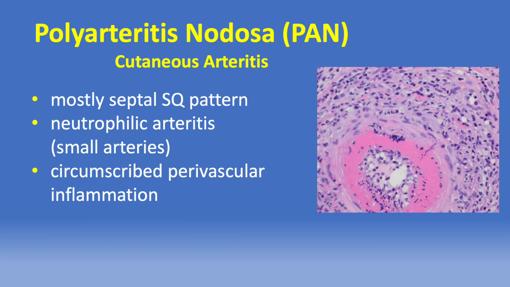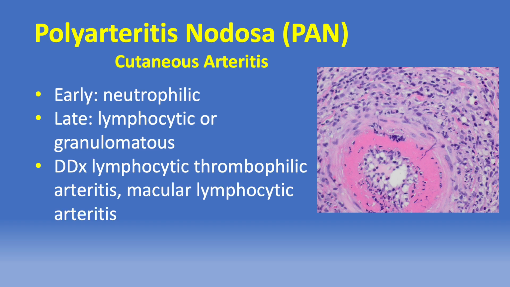Classically, a neutrophilic arteritis with relatively circumscribed inflammation around the affected vessel. With chronicity, the profile of the inflammatory infiltrate evolves from neutrophils in early lesions to lymphocytic or granulomatous vasculitis in later lesions.